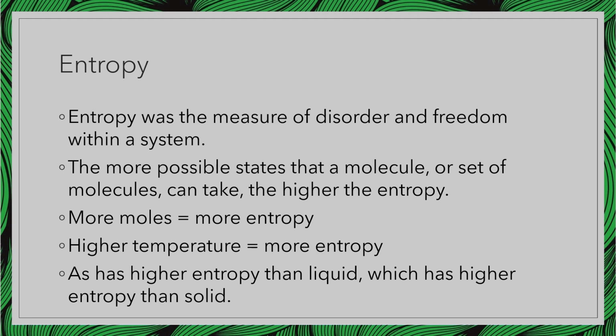So for example, if we take something like octane and burn it, it's going to produce like 8 molecules of carbon dioxide and like 9 molecules of water or something like that. And so we're going from 1 to many. So that's a massive increase in entropy.